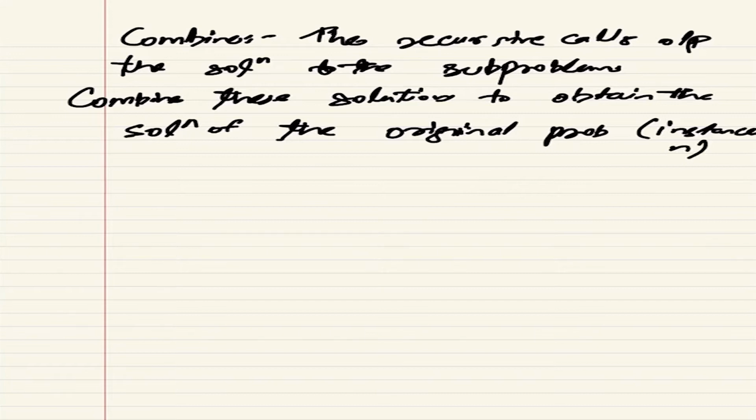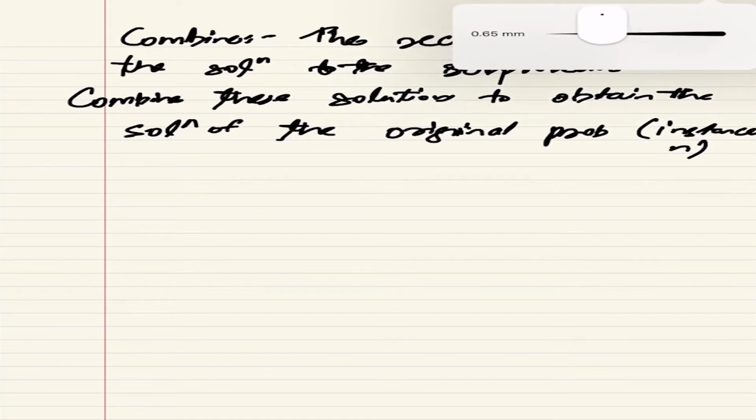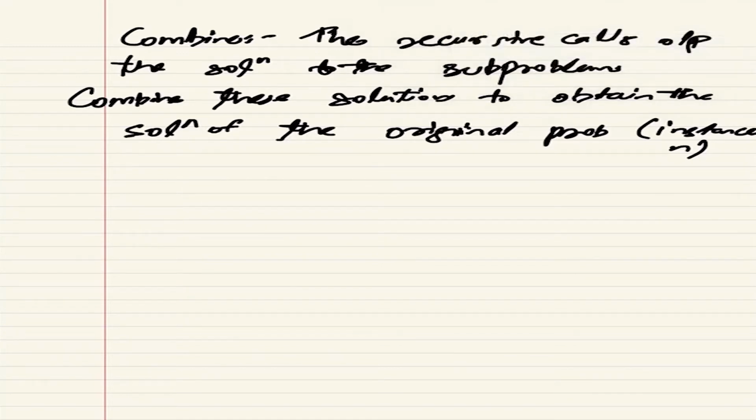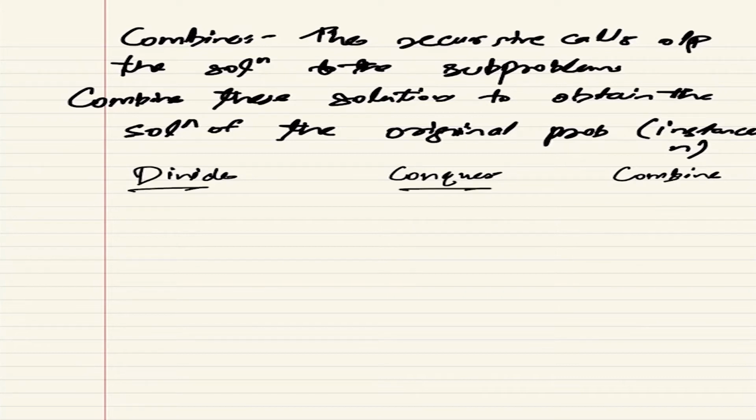So you see there are three main steps: divide, conquer, and combine. Any instance where you can apply these three strategies, divide, conquer, and combine, we will apply this algorithm.